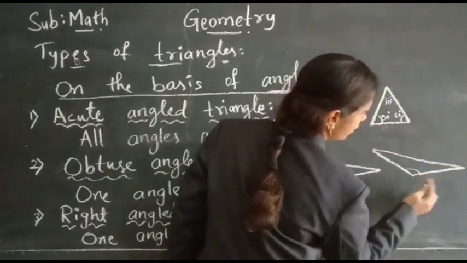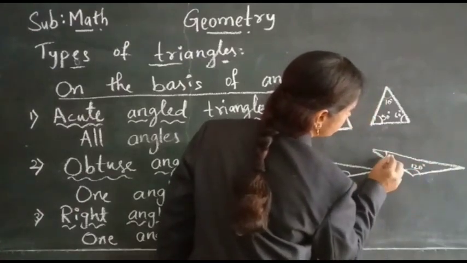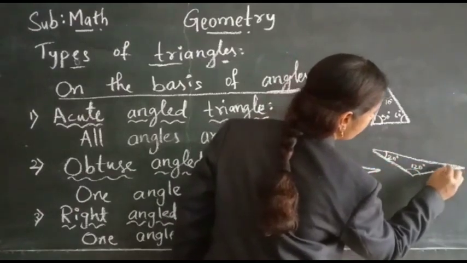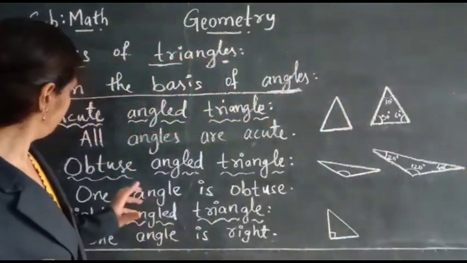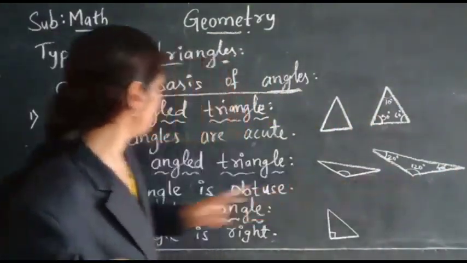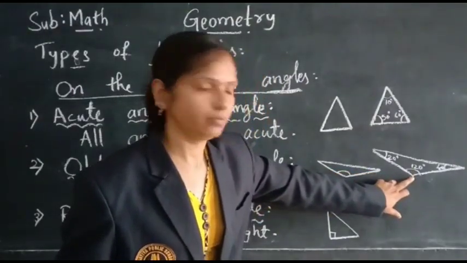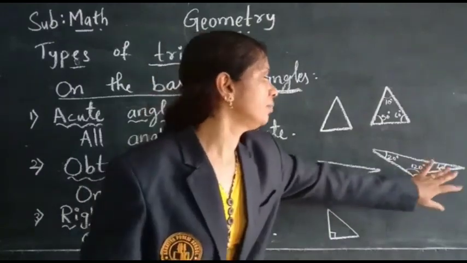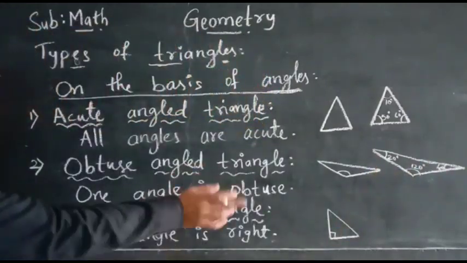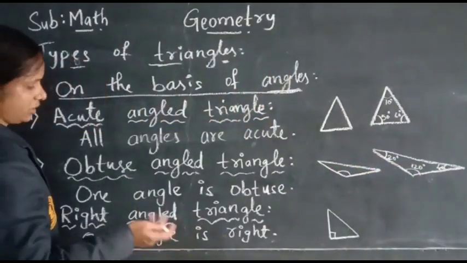Here I am taking 120, here 20, and here 40. Whatever I took here, one angle is obtuse, as I already said. Here one angle, 120 degrees, lies between 90 and 180. This is the obtuse angle, and the remaining other angles you can take as acute angles.